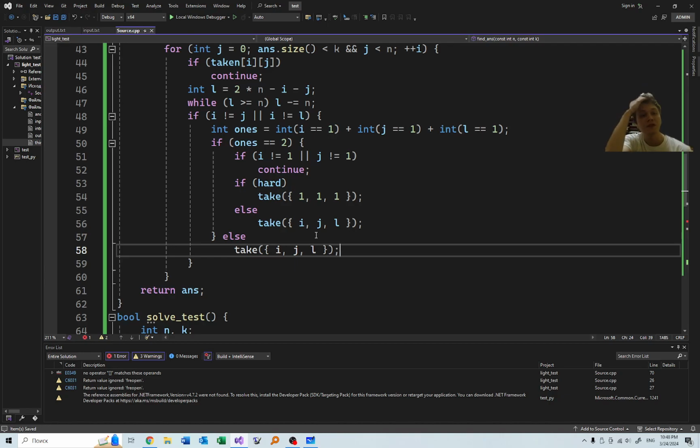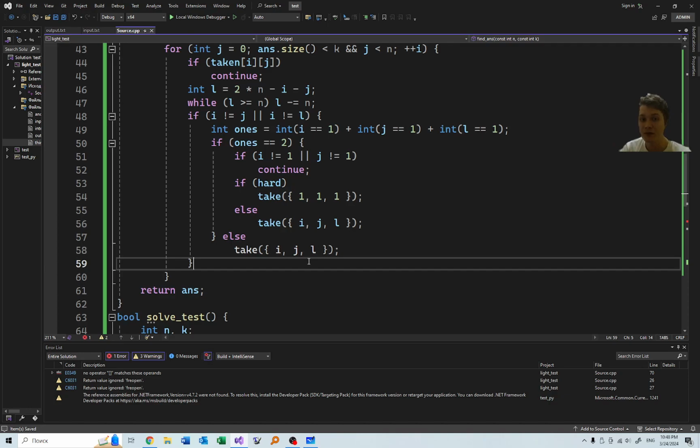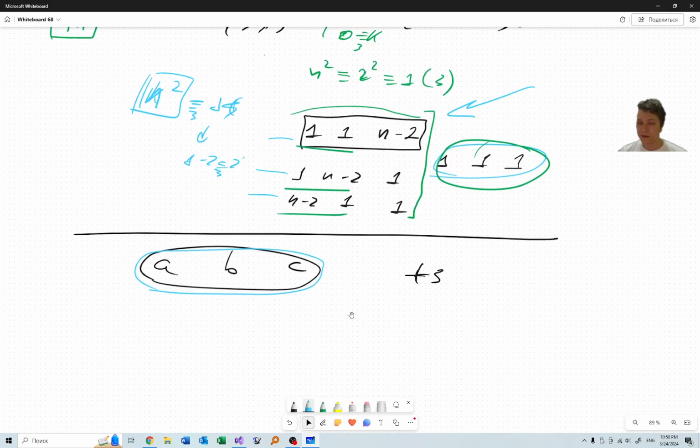Okay, what next? Actually next we want to consider the other case, and the other case is simply that all numbers are equal. We always take 0, 0, 0. Do we always take 0, 0, 0? When do we want to take 0, 0, 0? Let's again do it on paper. So if 3 divides n, we want to take 0, 0, 0 always.